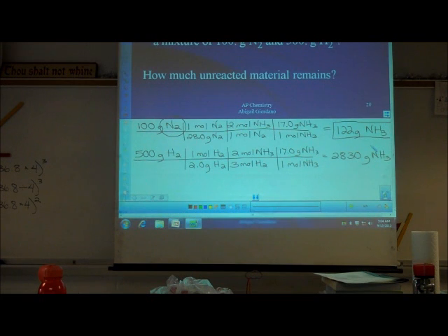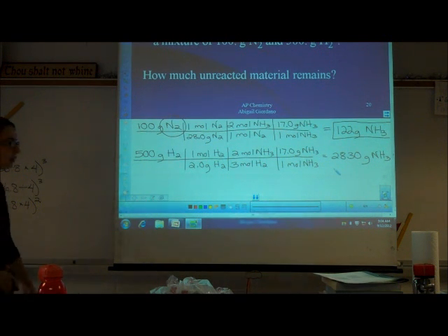But folks, sometimes you would be given numbers just like this, and instead of them asking which or how much product can be made, they will just say which reactant is the limiting reactant. You would still have to show all of these calculations.